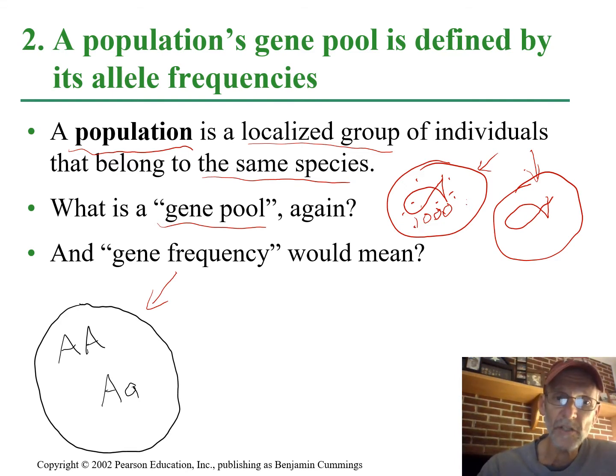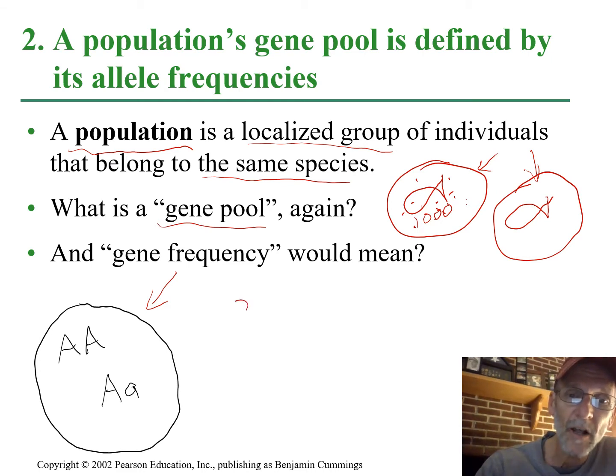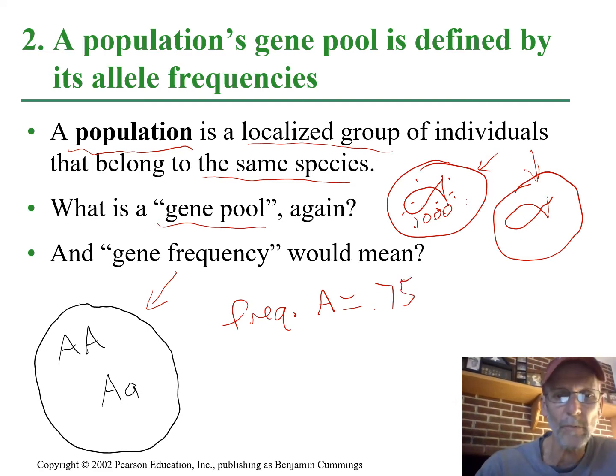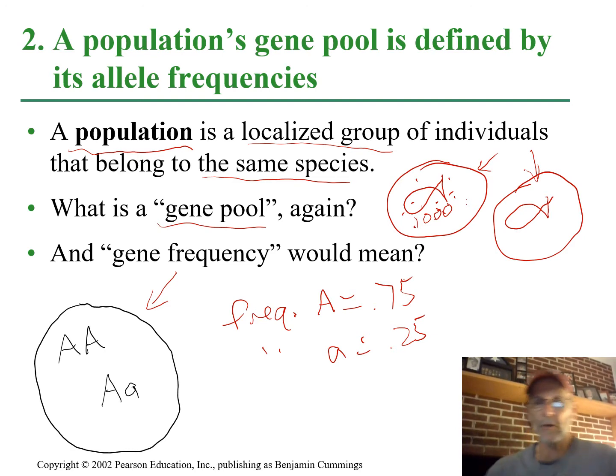If this represented the entire gene pool of this population for this particular gene, gene A, the frequency of big A is 0.75, right? We have four genes here represented. Three of them are big A. Frequency of little a, 0.25. We'll come back to this math a little while later. But that's the simple idea of what frequency means.